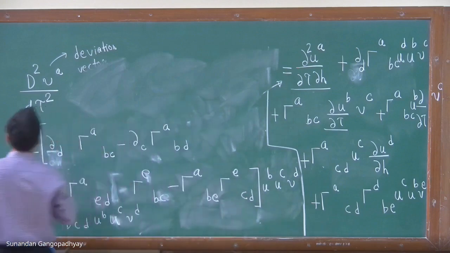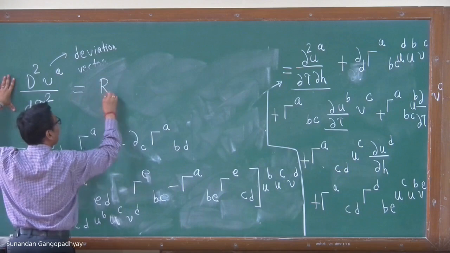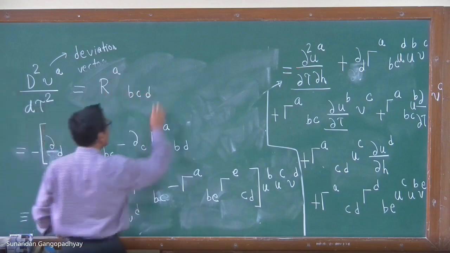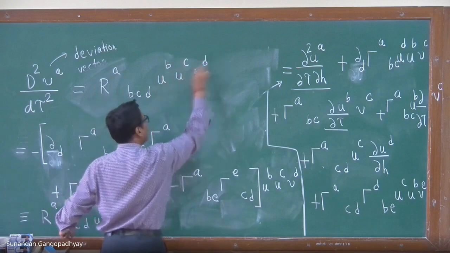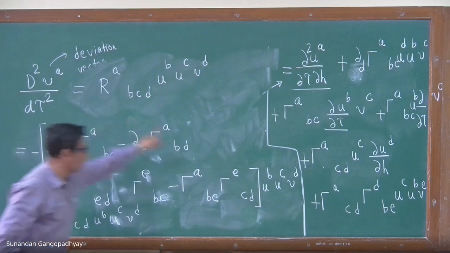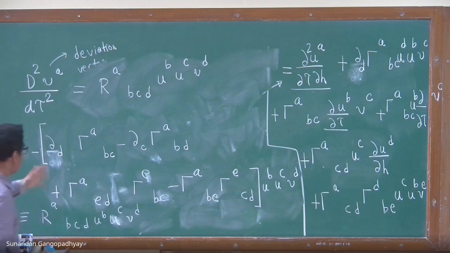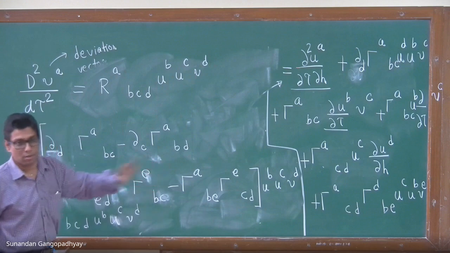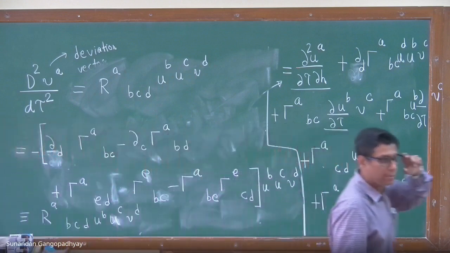Our aim was to calculate this quantity, which is nothing but this, where R ABCD is nothing but the quantity inside the bracket. You just check whether the definition that I gave you earlier for the Riemann curvature tensor agrees with this or not. Please check it. You will see that this is precisely the Riemann curvature tensor.